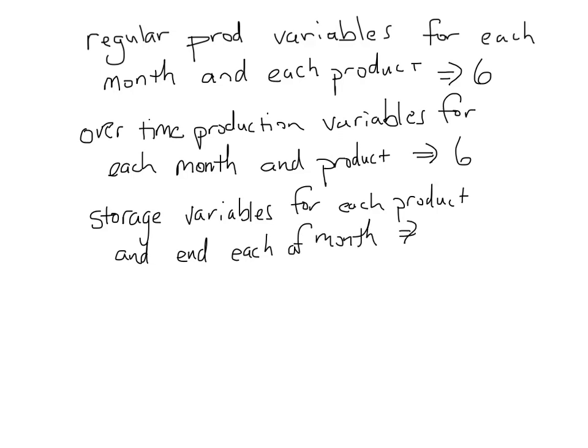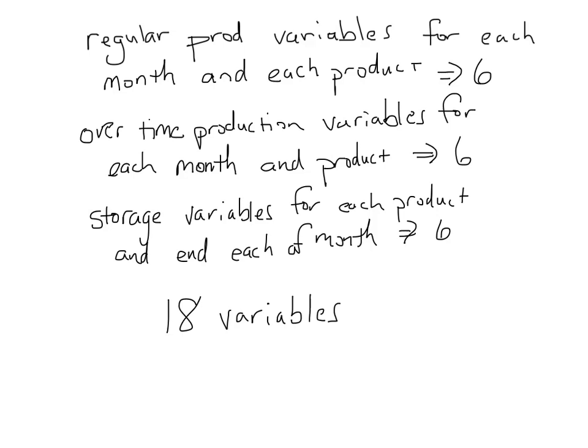So that'll give us another 6. So it gives us 18 variables total. So a bit more than what we've seen. So obviously we're going to want to use software to solve this guy.